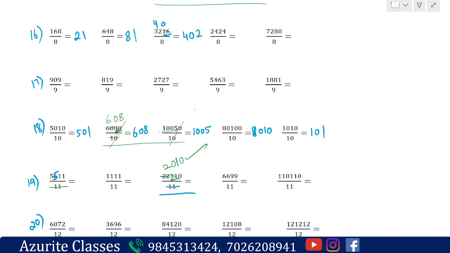Next 16. 8 twos are 16. 402. Okay. Next question answer. 303, beta, not 33. Yes, we have to give 0 here. 8 threes are 24. Next 2 is smaller. So if it is smaller, what you have to do? Give 0. Next is 24 now. 8 how many is 24? 3. Understand? Like that.